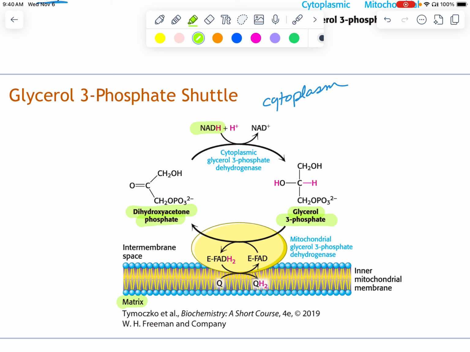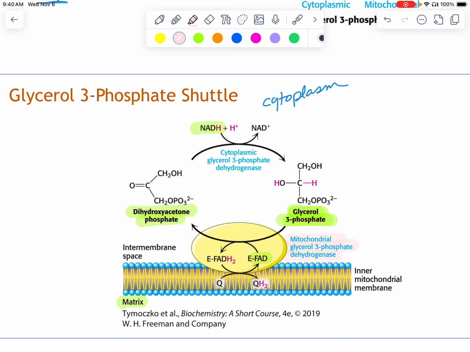And that molecule now carries the protons and electrons from the NADH. They're now embedded in this glycerol 3-phosphate. And it's going to pass those off to the FAD, which is a prosthetic group with this mitochondrial enzyme. So we have this enzyme right here, mitochondrial glycerol 3-phosphate dehydrogenase.